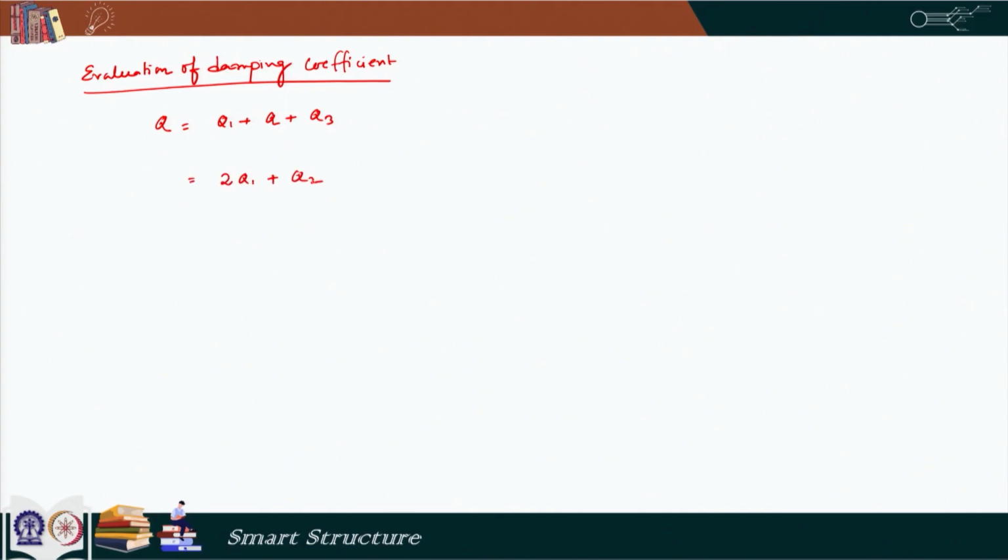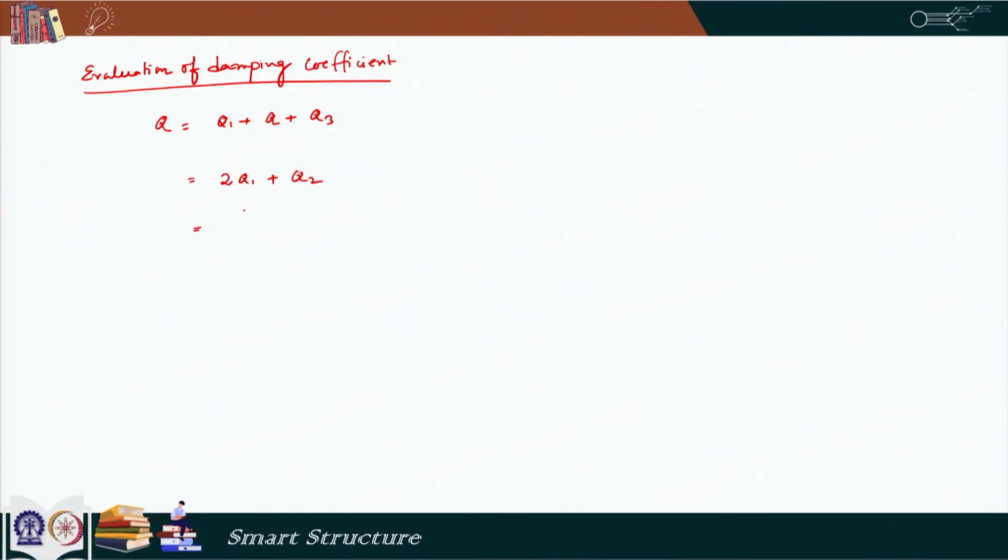So, here we do evaluation of damping coefficient. For that the total flow Q is Q1 plus Q2 plus Q3, which we write as 2 Q1 plus Q2 from the symmetry.